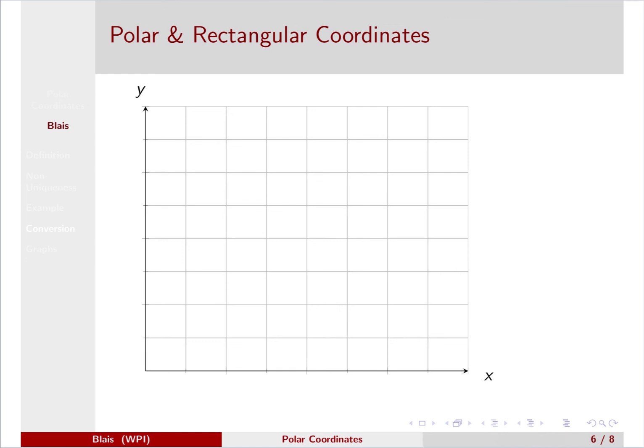So let's come back to our picture where we have our point P, and we'll say we have coordinate x and y. So in rectangular, we write this as (x, y).